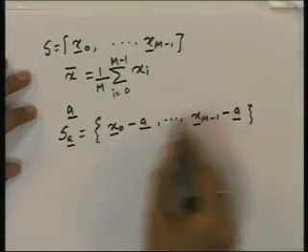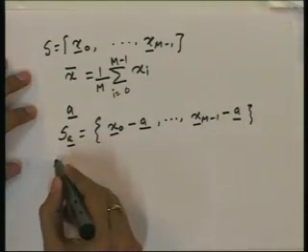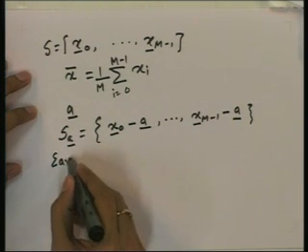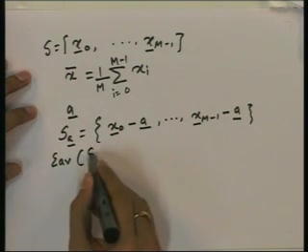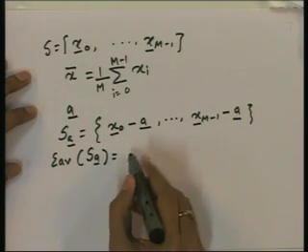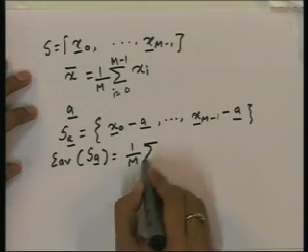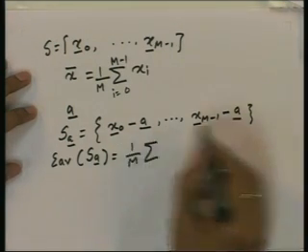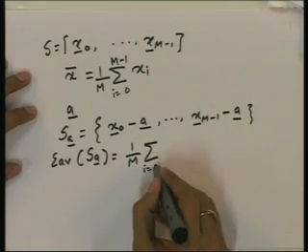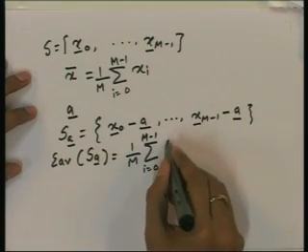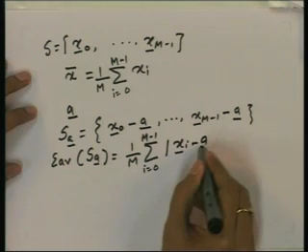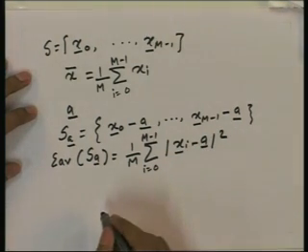So what is the average energy of this signal set? The E average of this signal set S a is 1 by m, summation over i equal to 0 to m minus 1, of the energy of each, x i minus a, whole square.